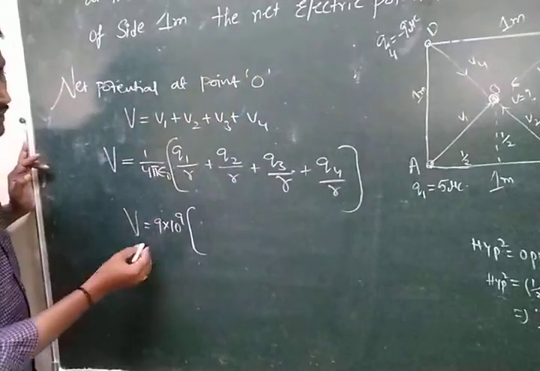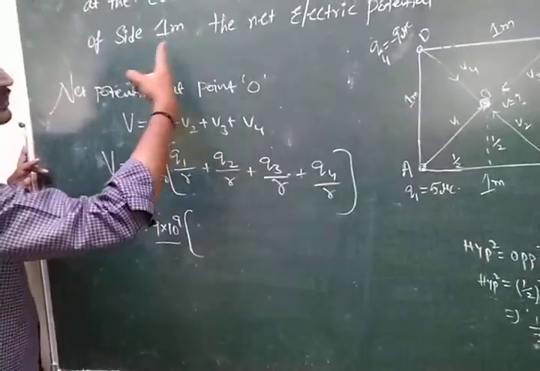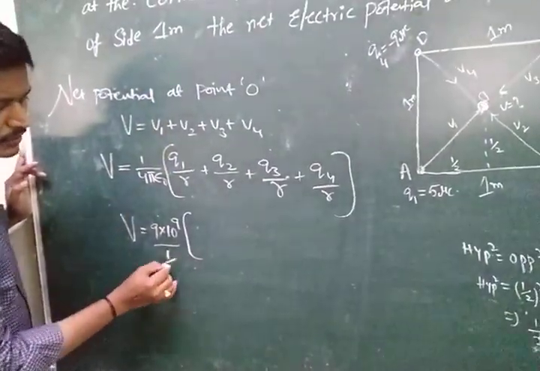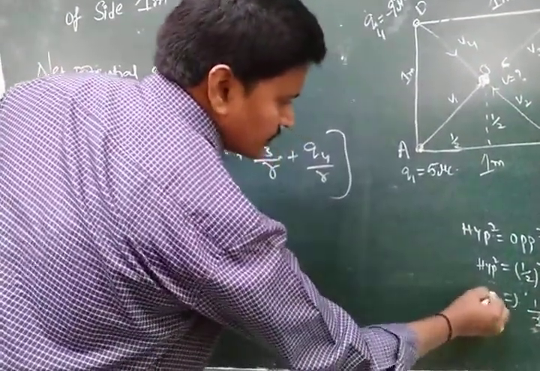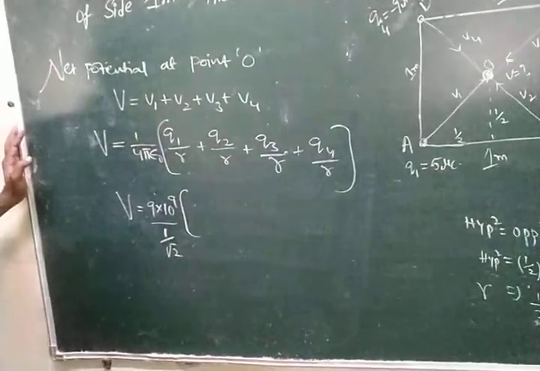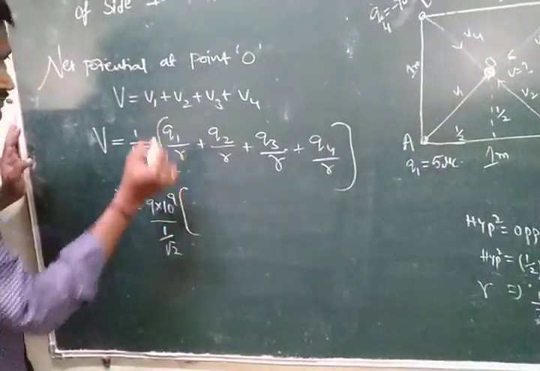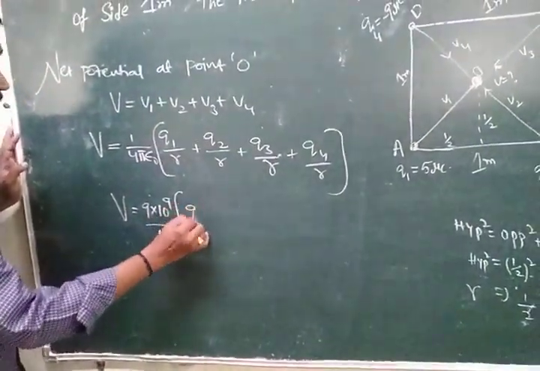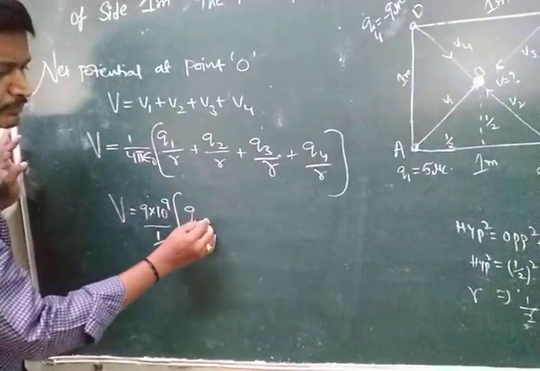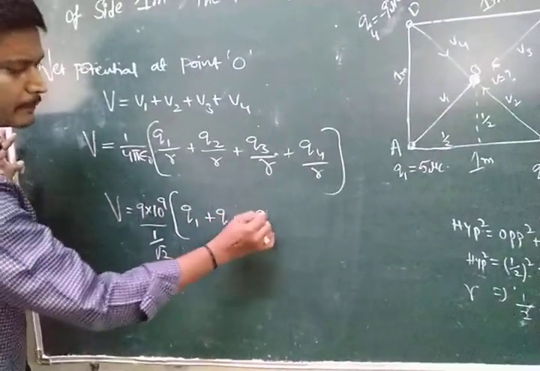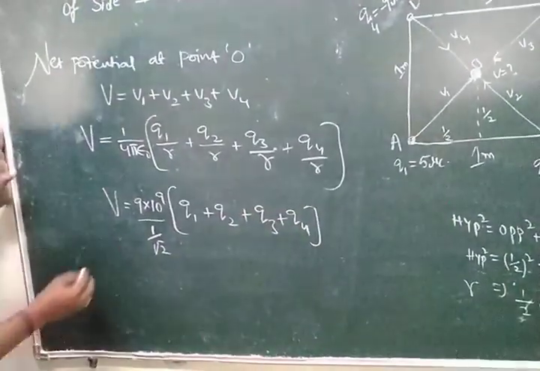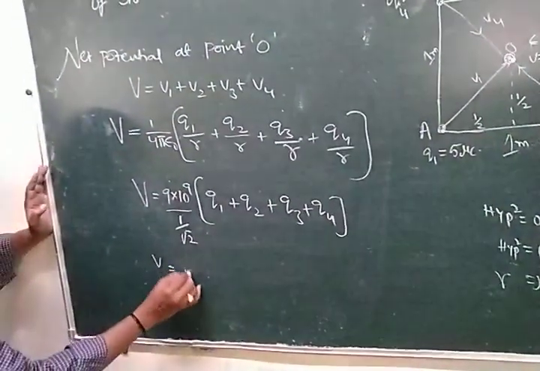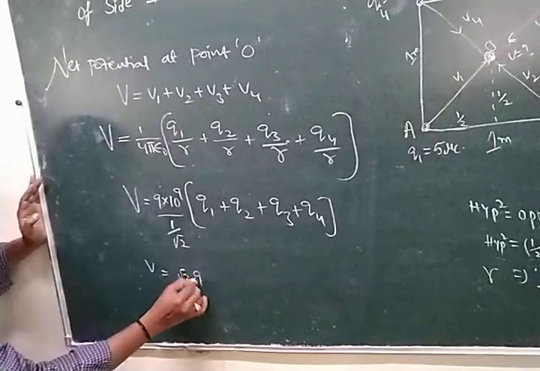Here the distance r is equal to 1 by root 2. This is the r value. So here Q1 plus Q2 plus Q3 plus Q4.